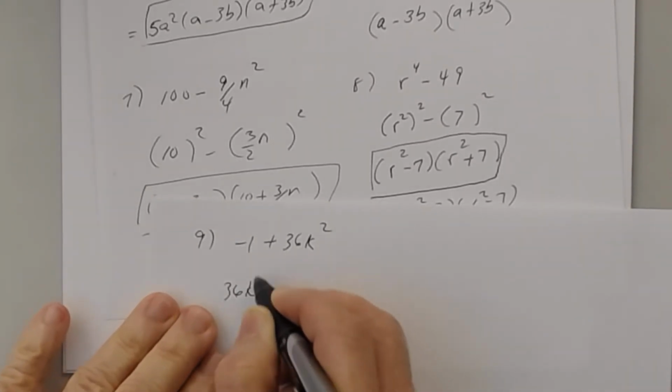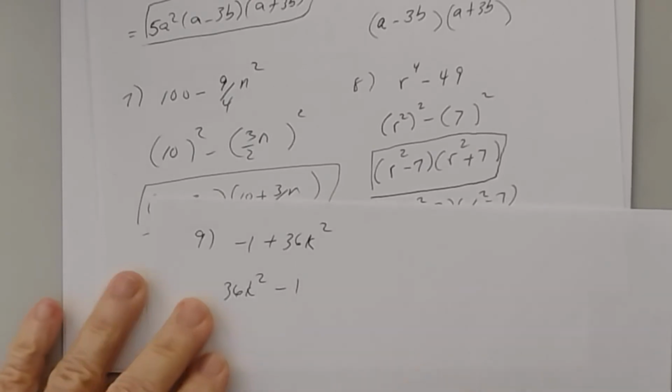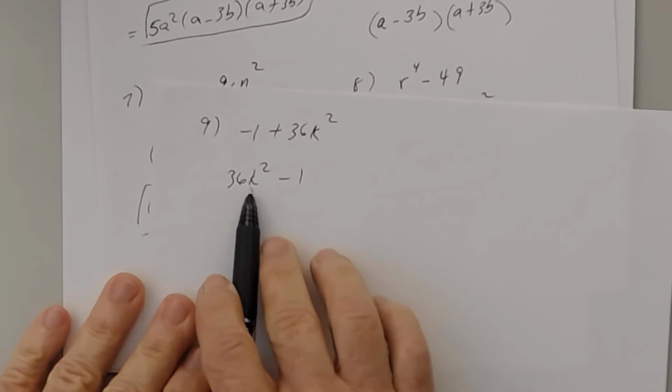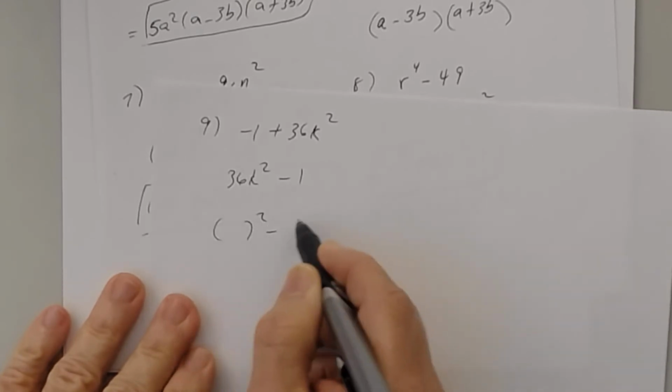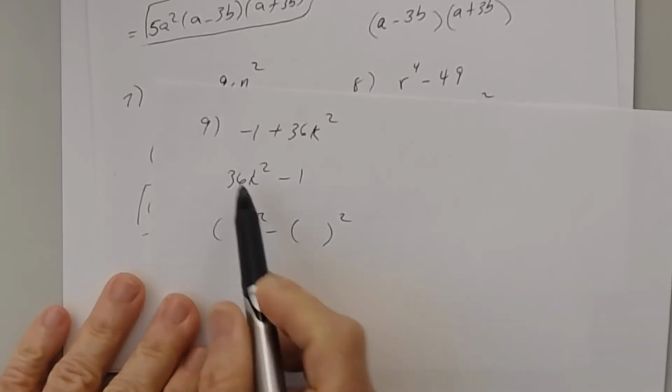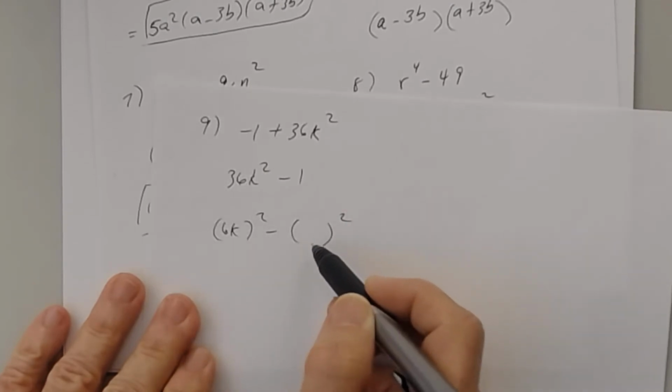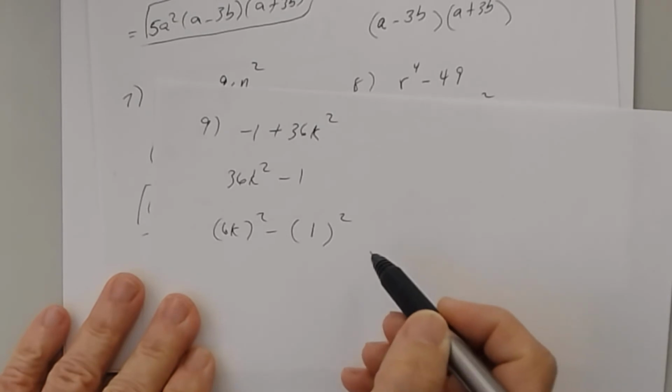So that's 36k squared minus 1. And now you'll notice that I can write this as the difference of two squares. What times itself is 36k squared? 6k. What times itself is 1? 1. So that's the answer.